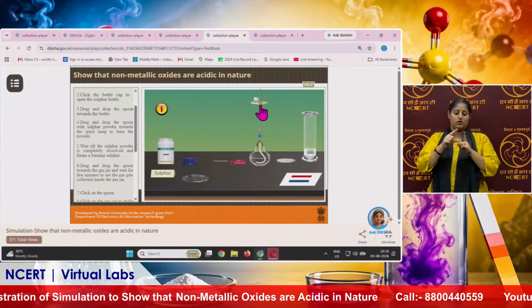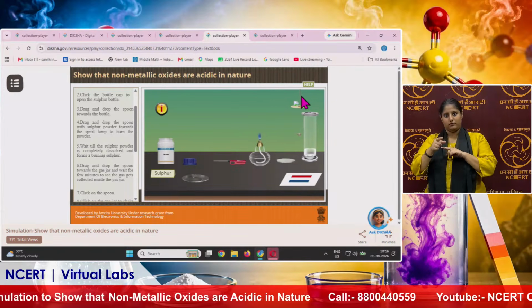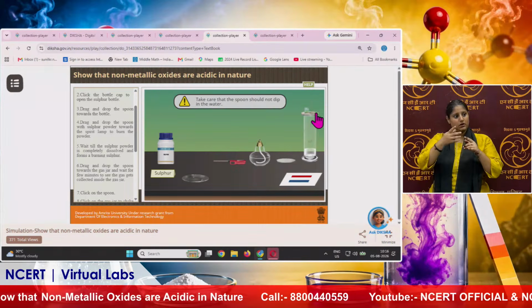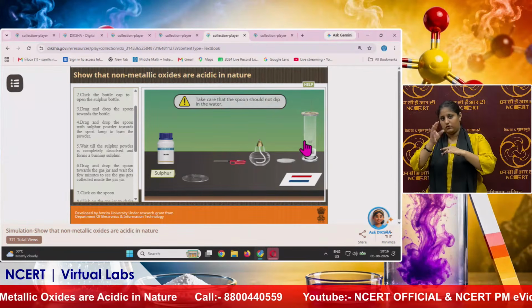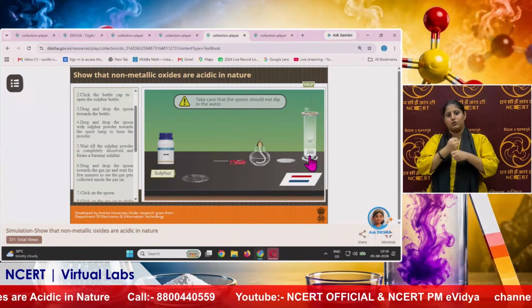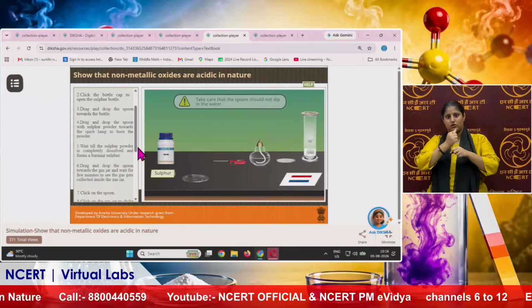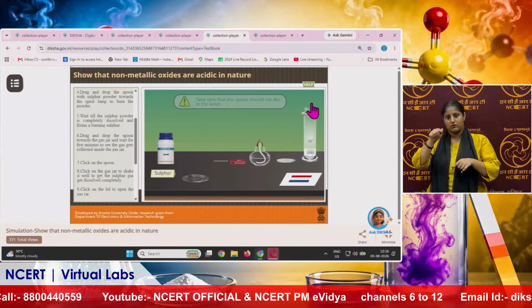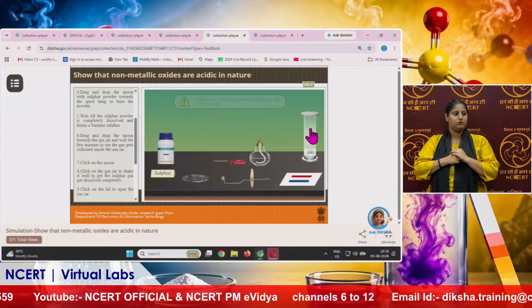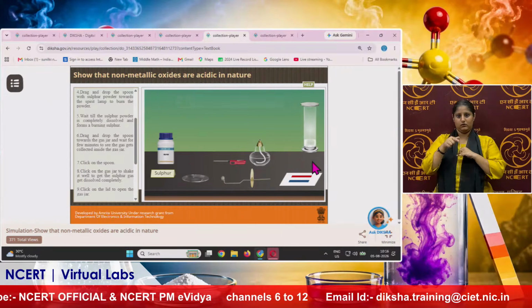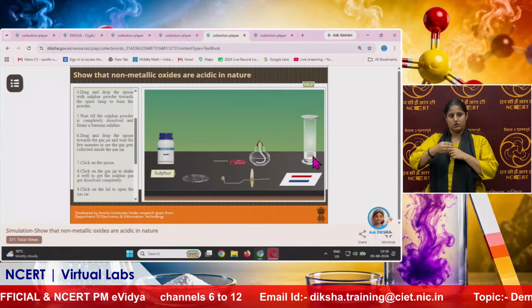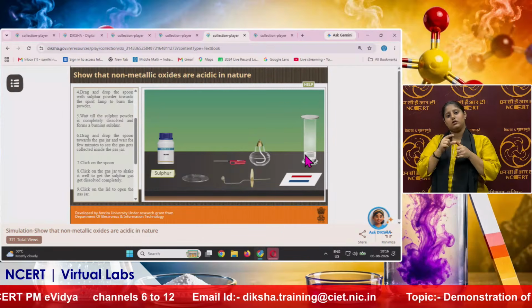Now drag this spoon towards the glass jar and wait a few minutes so that the gas gets collected inside the glass jar. Now click on the gas jar so that it can shake well, and the sulfur gas completely dissolves.